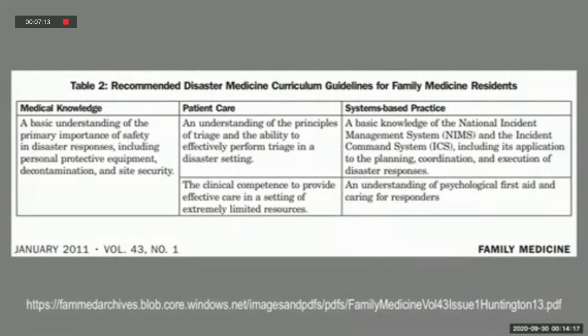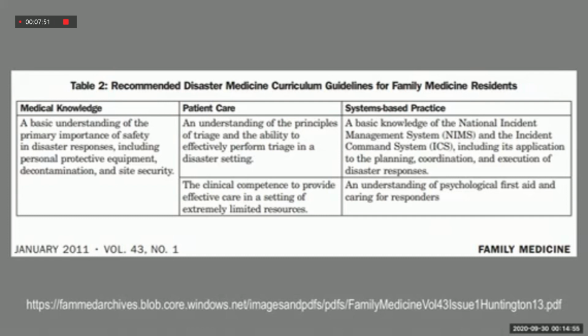In terms of our curriculum for the family medicine residency training, it depends upon the institution in terms of the capability as well as the competency to deliver these knowledge, skills, and attitudes to the family medicine residents. But for this one, I got this from Family Medicine, published in the US.